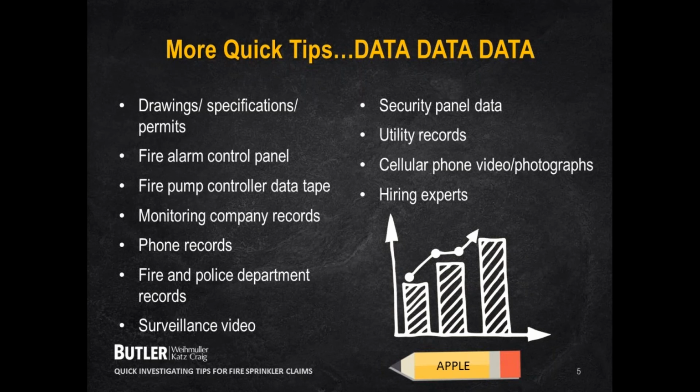And hiring experts. A lot of people will hire mechanical engineers, which can be okay in a fire sprinkler loss case. However, for a commercial type loss, something that's going to be highly technical, it's better to have a fire protection engineer on board. There are few fire protection engineers out there.